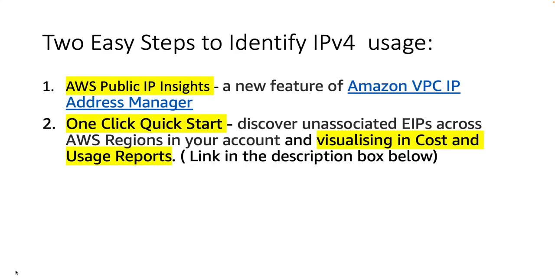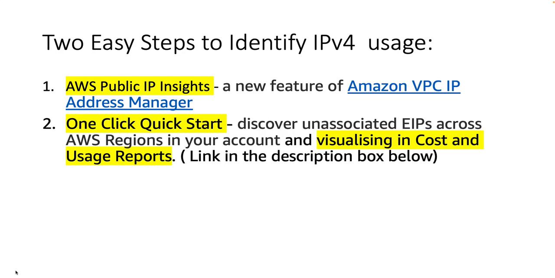The 2 key steps to identify IPv4 usage are, first, using AWS Public IP Insights, which is a new feature from VPC IP Address Manager, commonly known as IPAM.